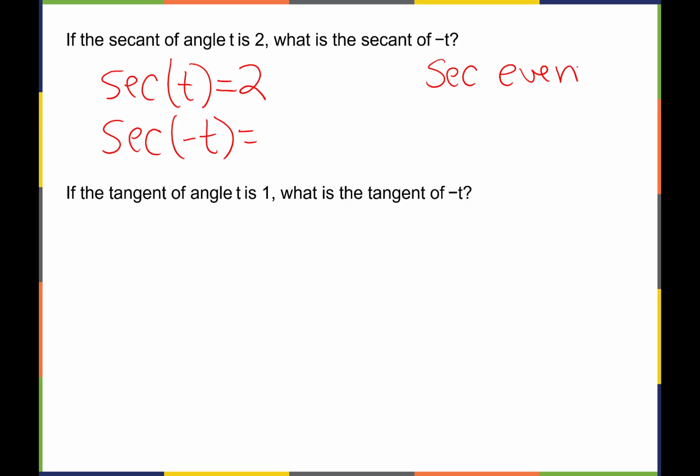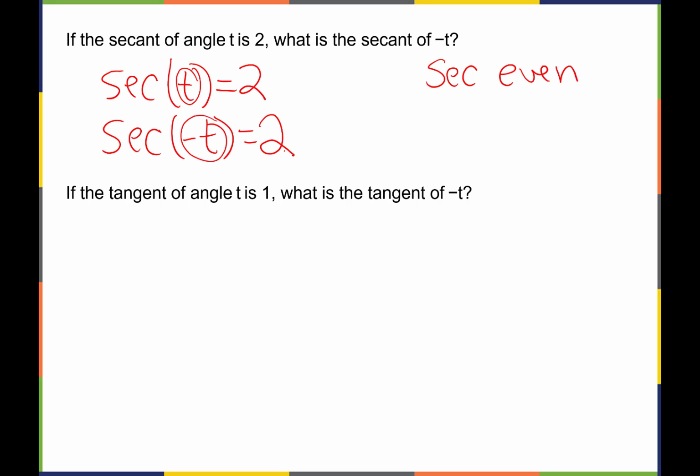It's one of the two functions that are even, secant and cosine. That means if my input changes signs, my output stays the same. So I know that secant of negative t is 2 if secant of t is 2.